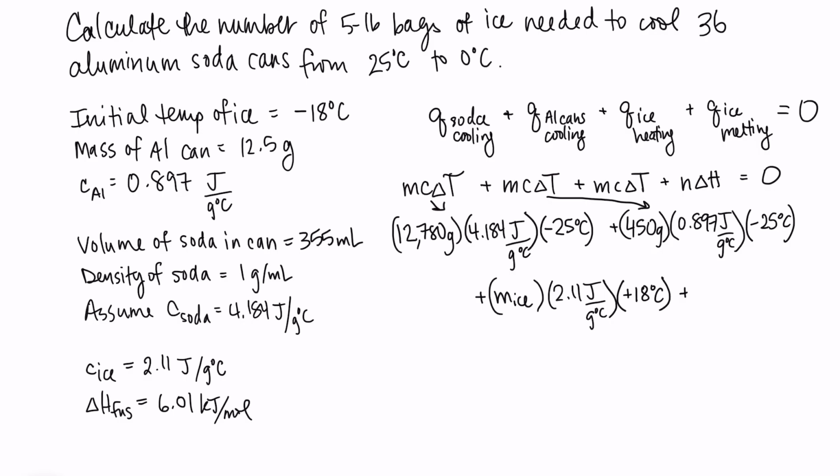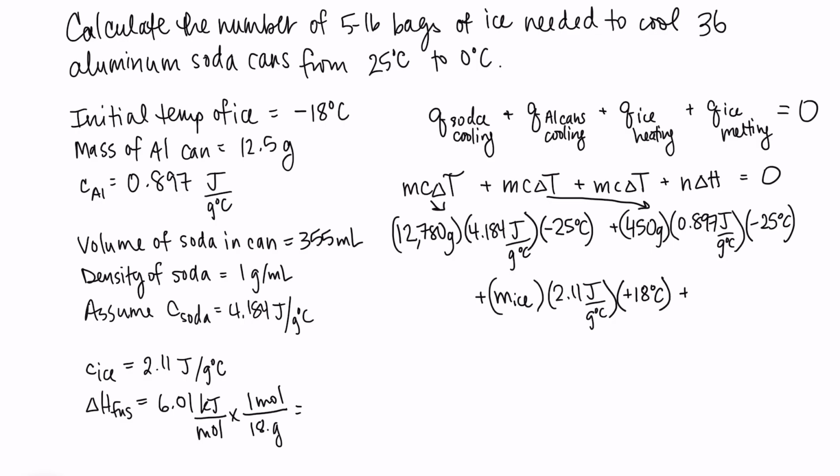And finally, we're going to have the Q for ice melting. I'm going to go ahead and change. They gave me the delta H of fusion here per mole, and I'm going to change from moles into grams. We know that there's 18 grams in each mole for water.